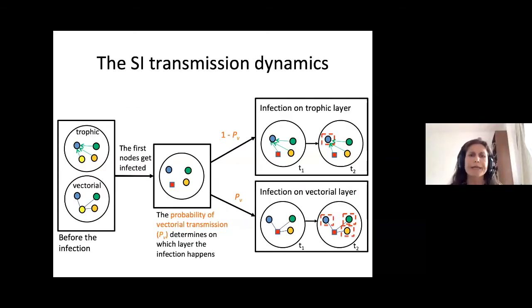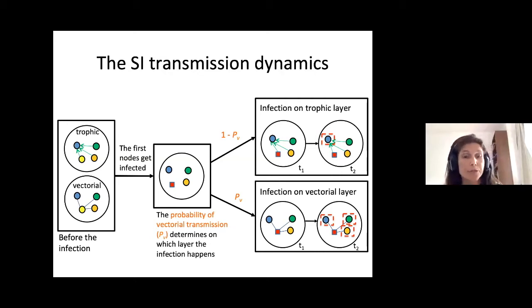And just to give you an idea about how we model the transmission dynamics on the multiplex networks, it is the following. In the left box, you can see the trophic and the vectorial interactions that we can find in each layer of this multiplex. The trophic is in the top and the vectorial in the bottom. We start the simulation infecting one node, which now became this red square.